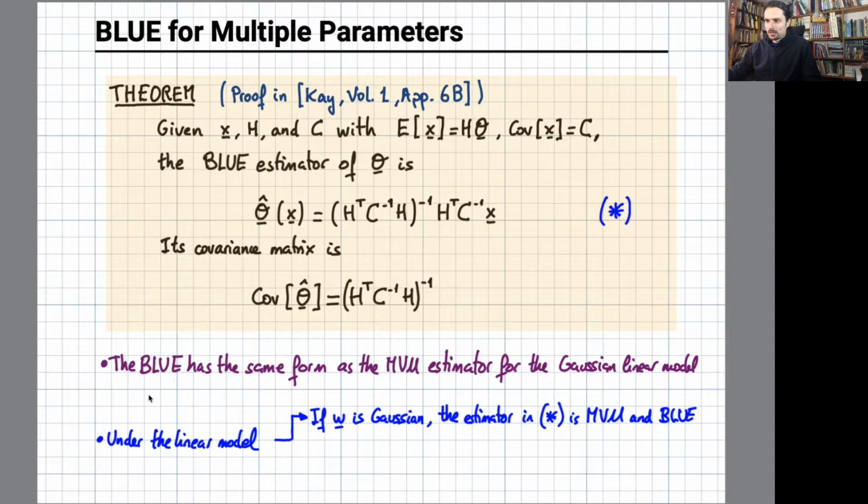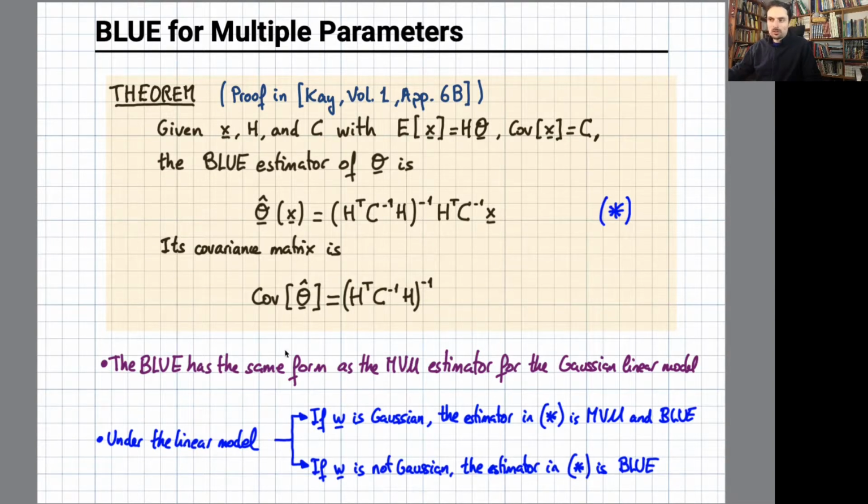One of them is that under the linear model, if the noise is Gaussian, then this estimator is MVU, because of what we saw in the previous slide, and BLUE, because of this theorem. And also, if the noise is not Gaussian, then this estimator may not be MVU, but at least it is BLUE.